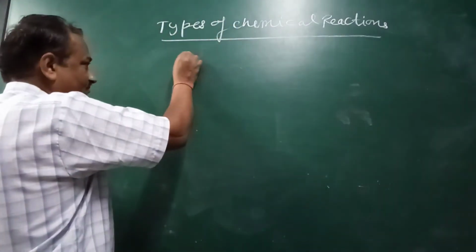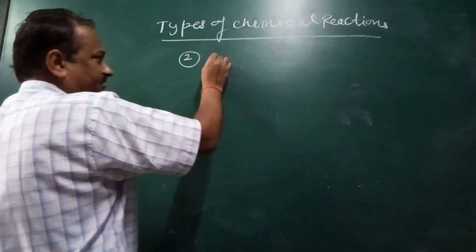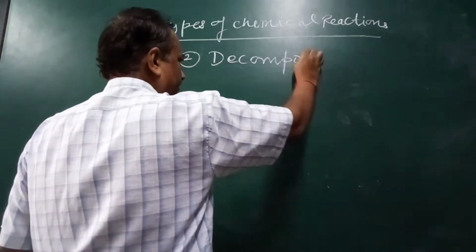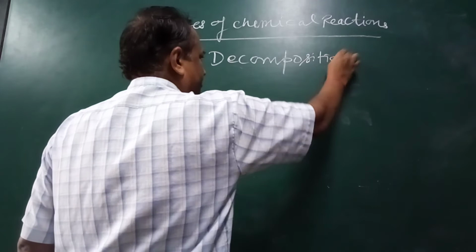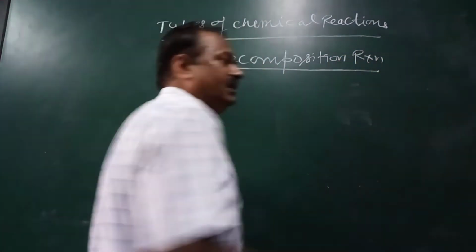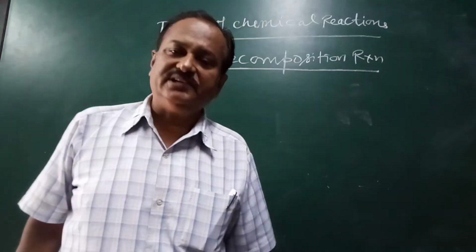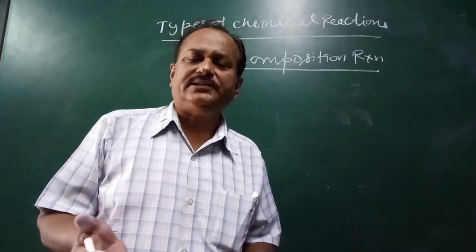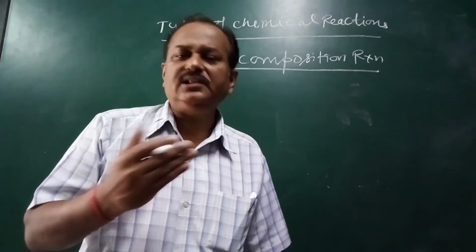Now, the second is decomposition reaction. Decomposition reaction is just the opposite of combination reaction. The bigger ones break into smaller ones.